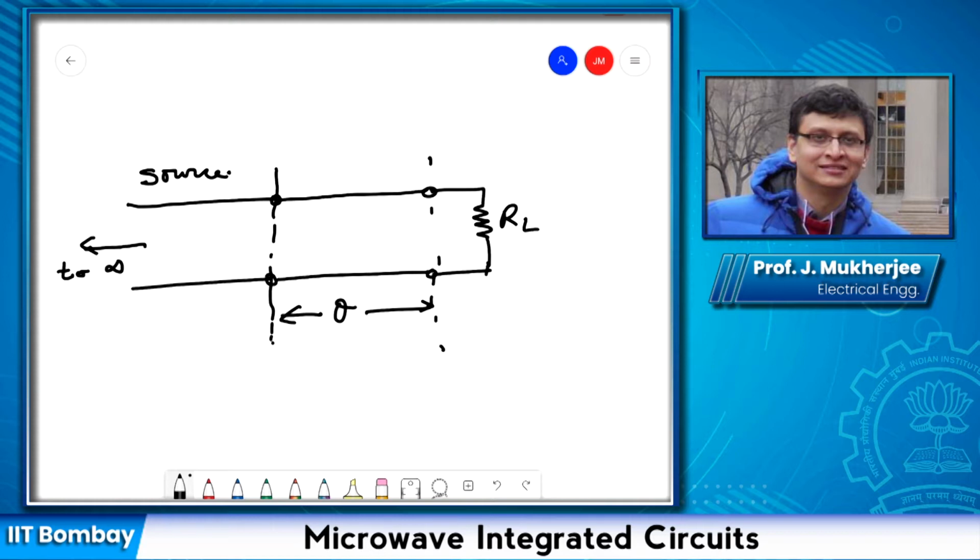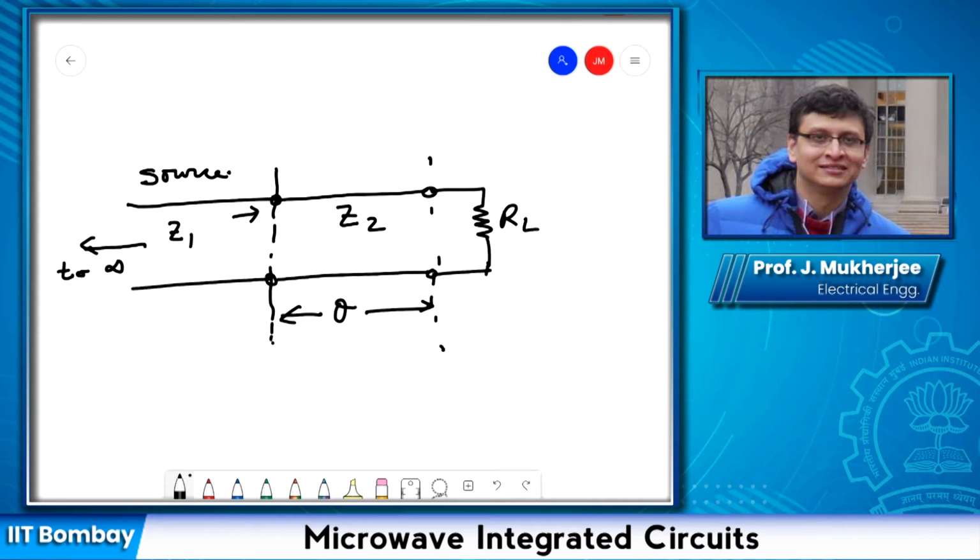Now, let's say the source transmission line has a characteristic impedance Z1, just like what we discussed in the previous part. This section has a characteristic impedance Z2.